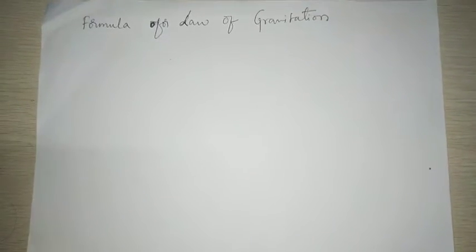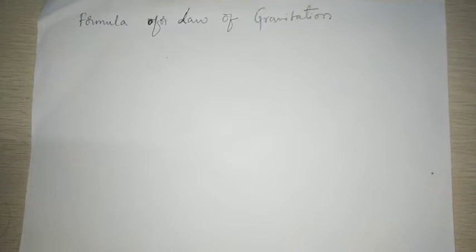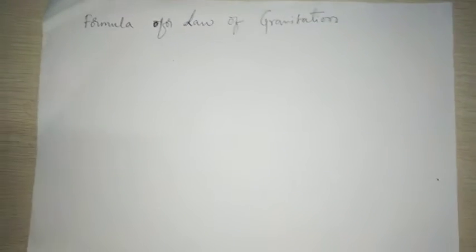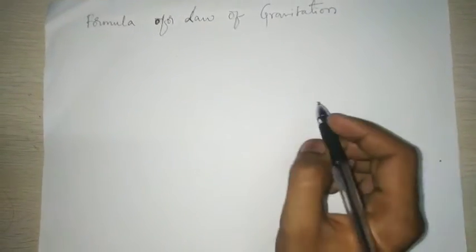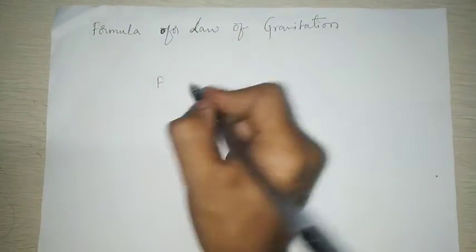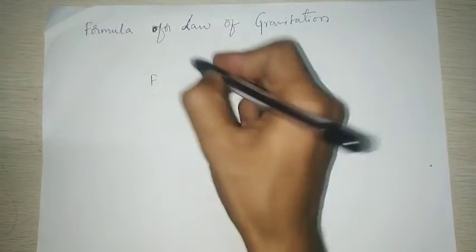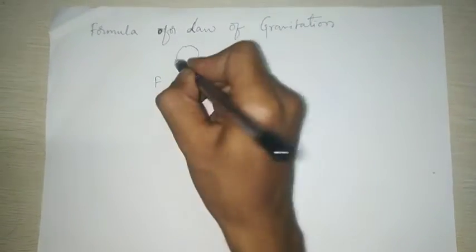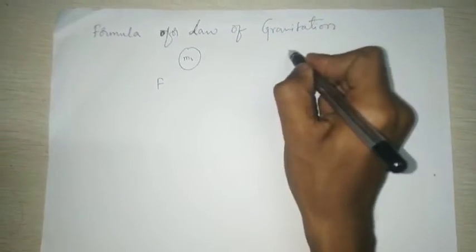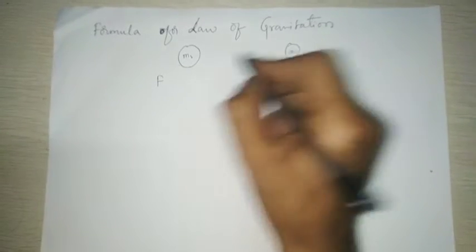Until now we have discussed the law of gravitation theoretically. Now let's derive it mathematically. Let F be the gravitational force. Let's take two objects of different masses, m1 and m2.